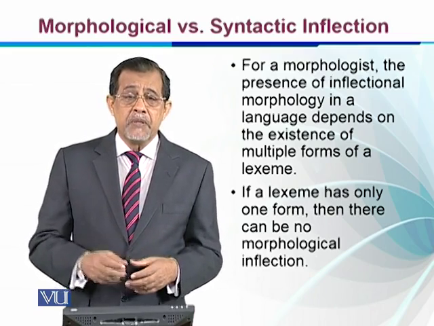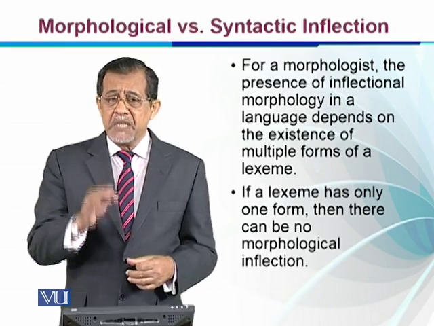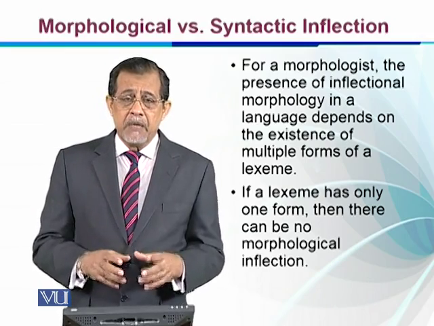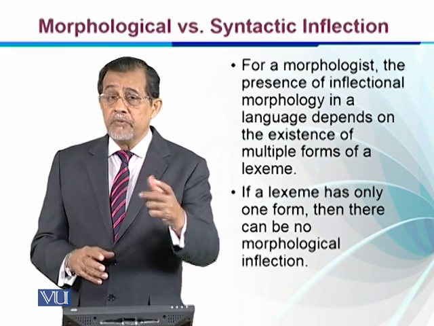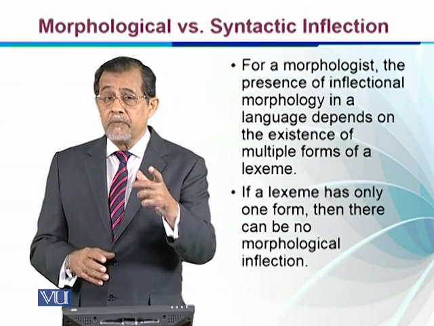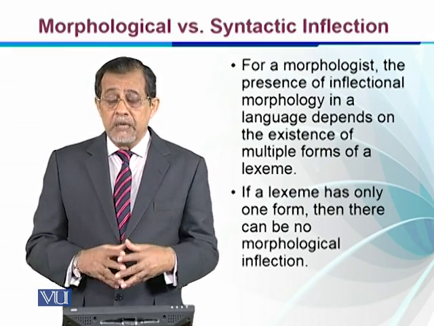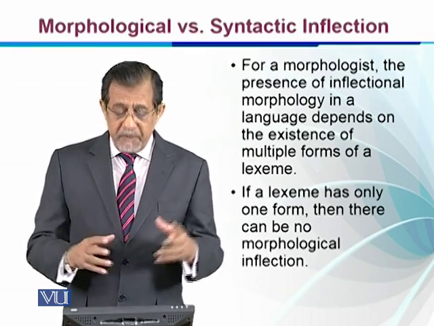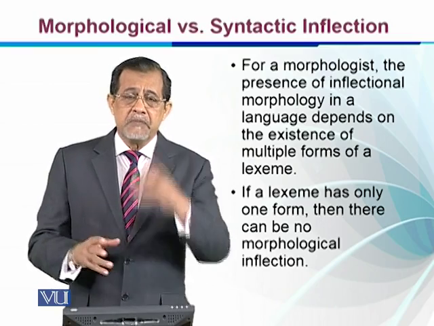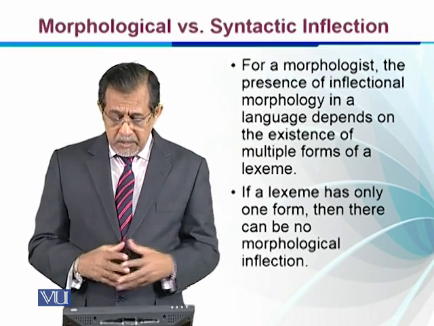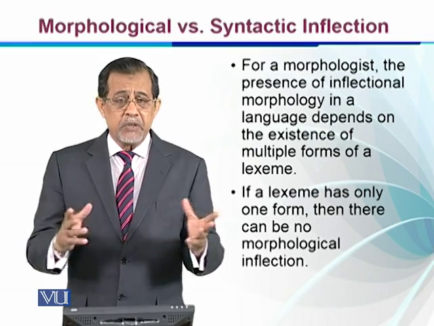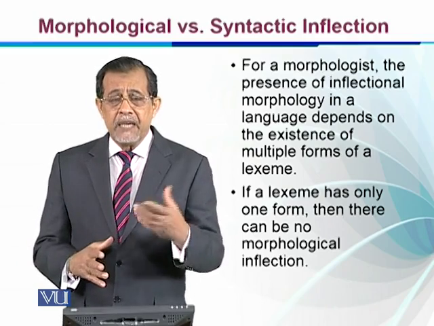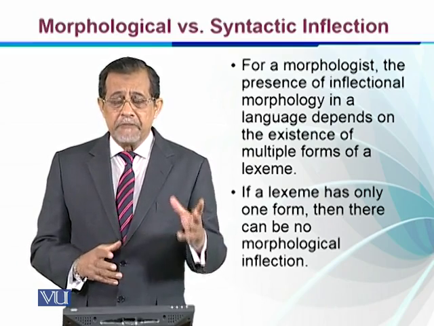For example, let's take sheep. It does not have any distinct form, but obviously we do take it as a zero form, zero morpheme in English. But just to give you an example, it has no morphological inflection. In certain languages, there is only one form of the word. So, it means that it does not have any morphological inflection.